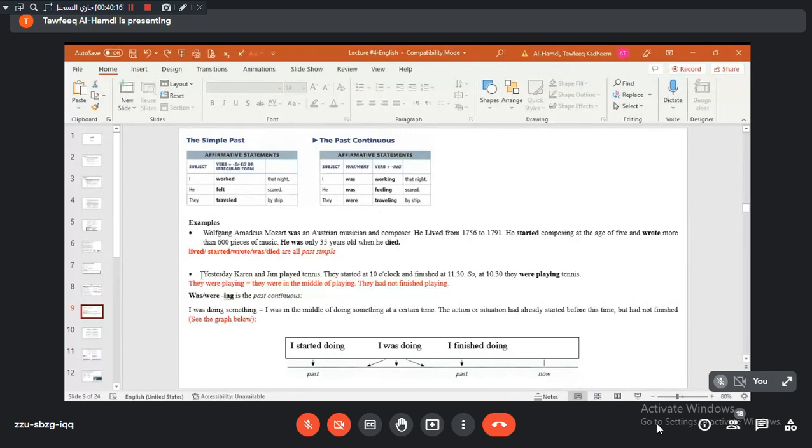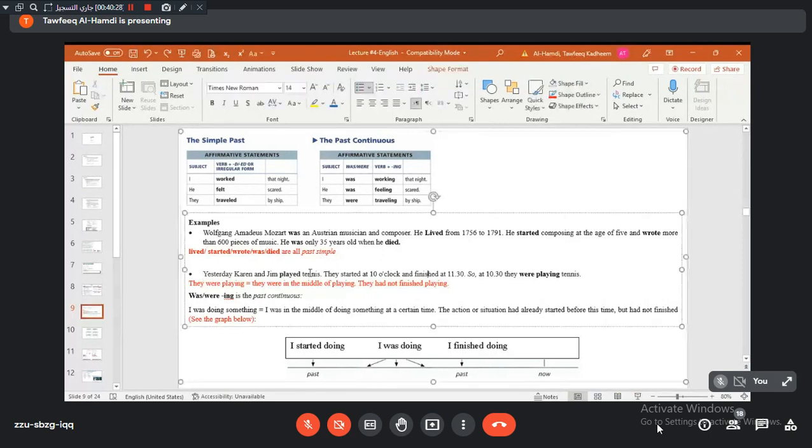So when I'm talking about Karen and Jim about their situation at that time. They started at 10 o'clock playing tennis and finished at 11:30. So if I would like to talk about their situation, for example, at 11, how can I describe their situation at that time?